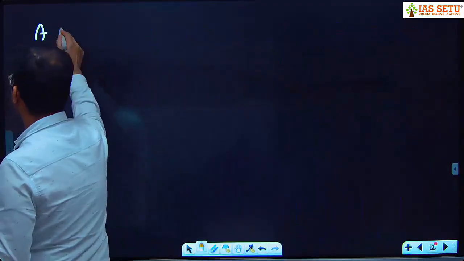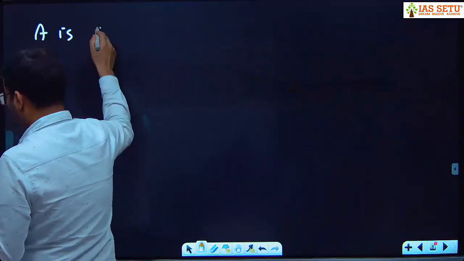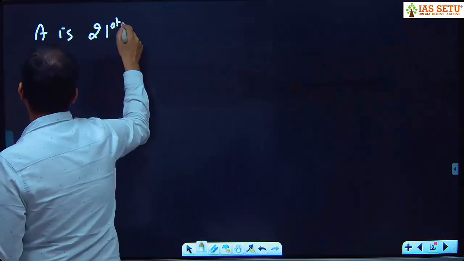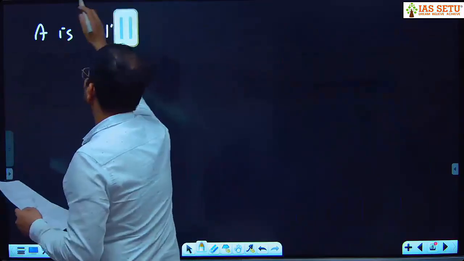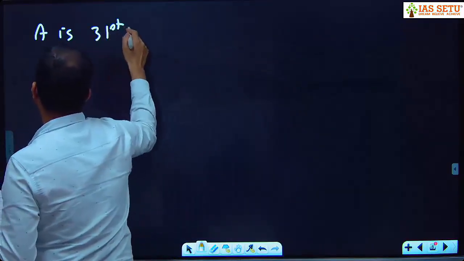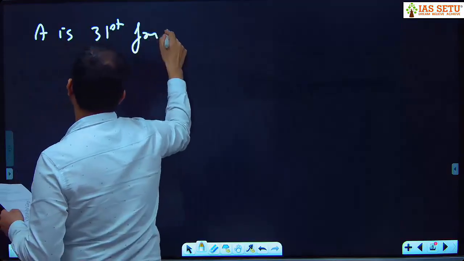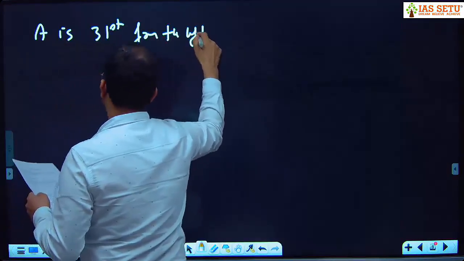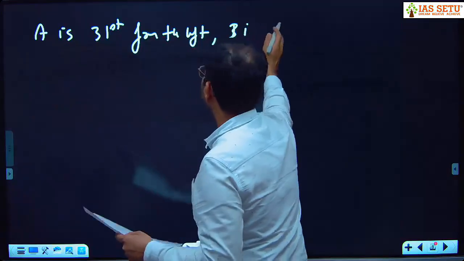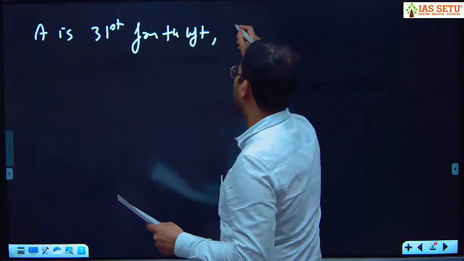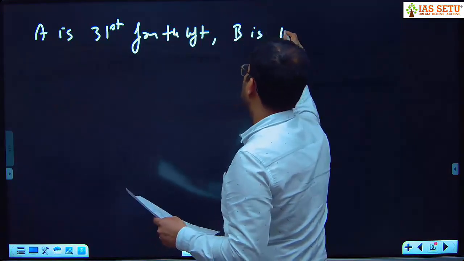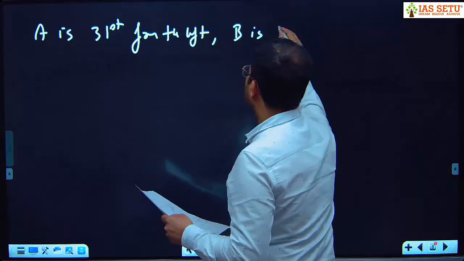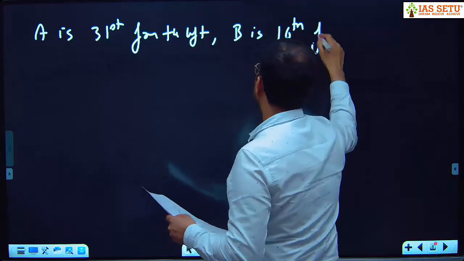You try one more question. A is 31st from the left. B is 16th from the right.